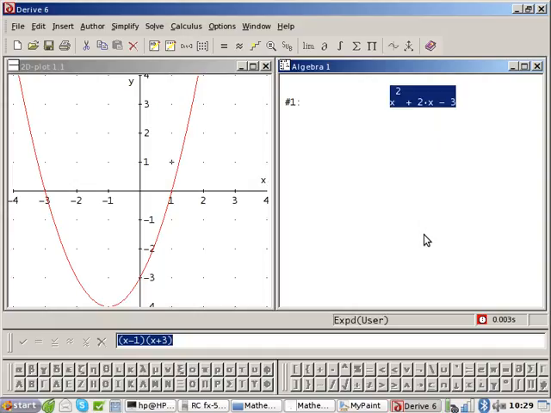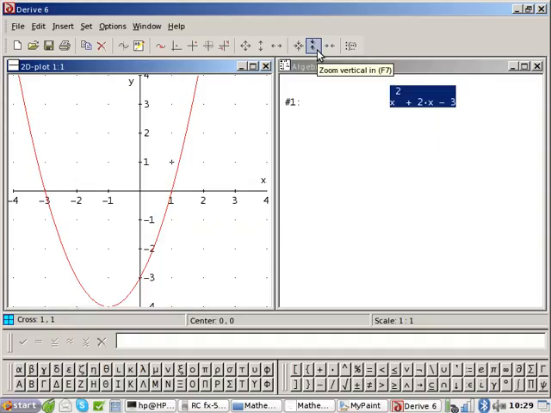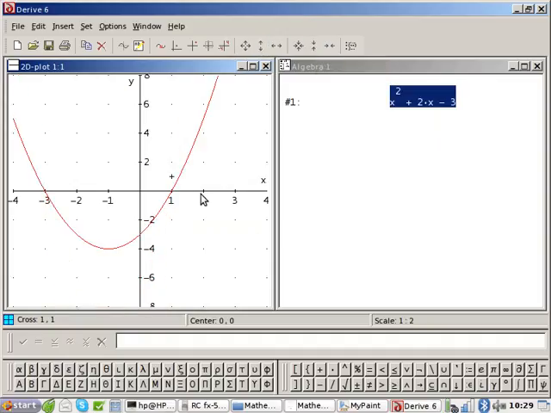Let's pretend we guess a root, and let's pick the wrong answer. Let's say I guess that the root is 3, or 2 even. Let me zoom out a little bit. Okay, is the root 2? No. Is it 3? No. Let's guess 3.